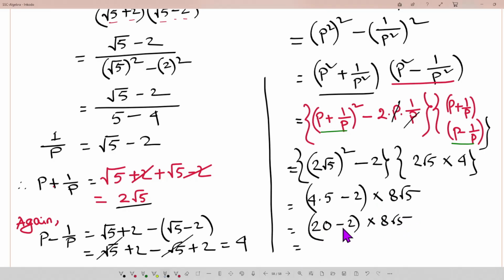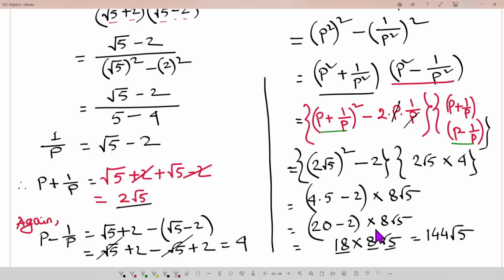So 20 minus 2 is 18. 18 times 8, you can use a calculator, will be 144. It means 18 times 8 root 5, so once we multiply 18 and 8 it will be 144, and this is root 5.